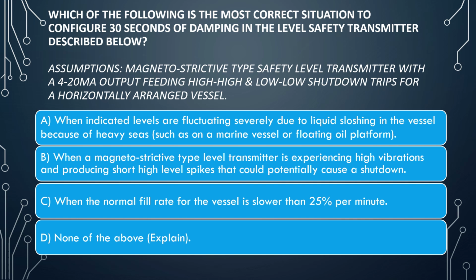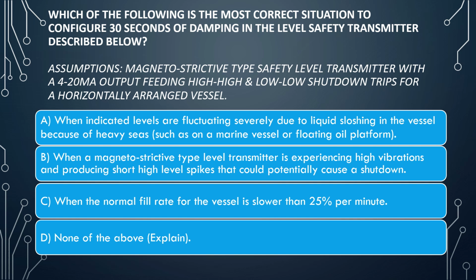And the answers are shown below here: A, B, C, and D. A is when the indicated levels are fluctuating severely due to liquid sloshing in the vessel because of heavy seas, such as a marine vessel or a floating oil platform. Option B is when the magnetostrictive level transmitter is experiencing high vibrations, which causes problems.